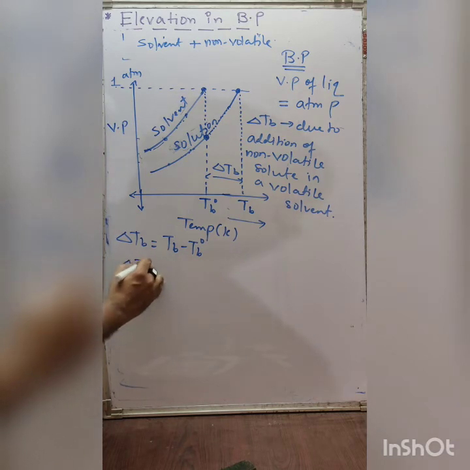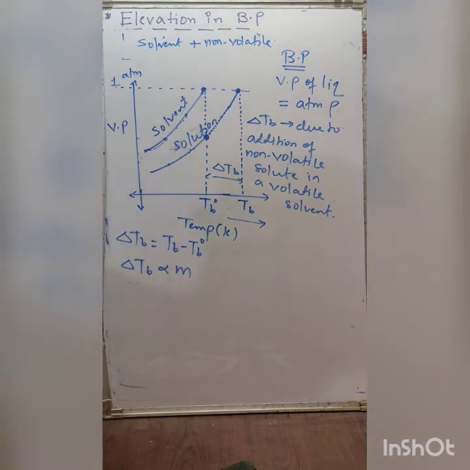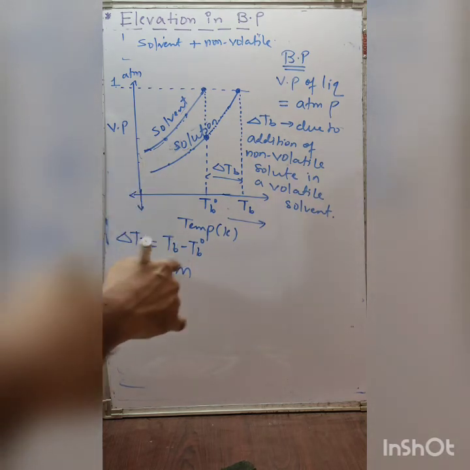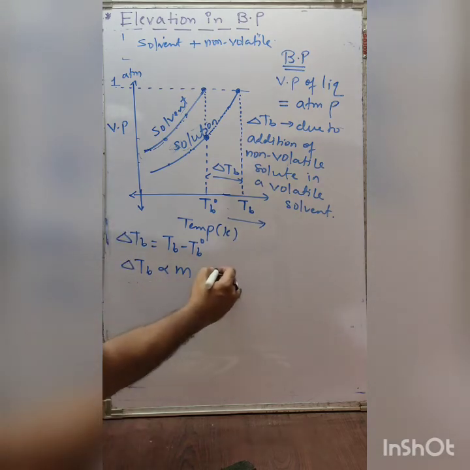So delta Tb is directly proportional to m. Small m is called molality. We have seen the term molality in the first video lecture. What is molality?